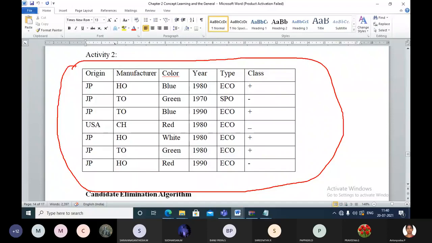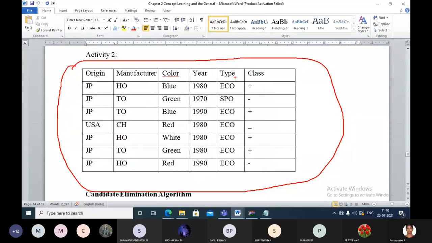So please make a note. Here you have 5 features: origin, manufacturer, color, year, type. Origin has 2 values, Japan and USA. Manufacturer has Honda and Chrysler. Color: blue, green, white. Then you have some years.